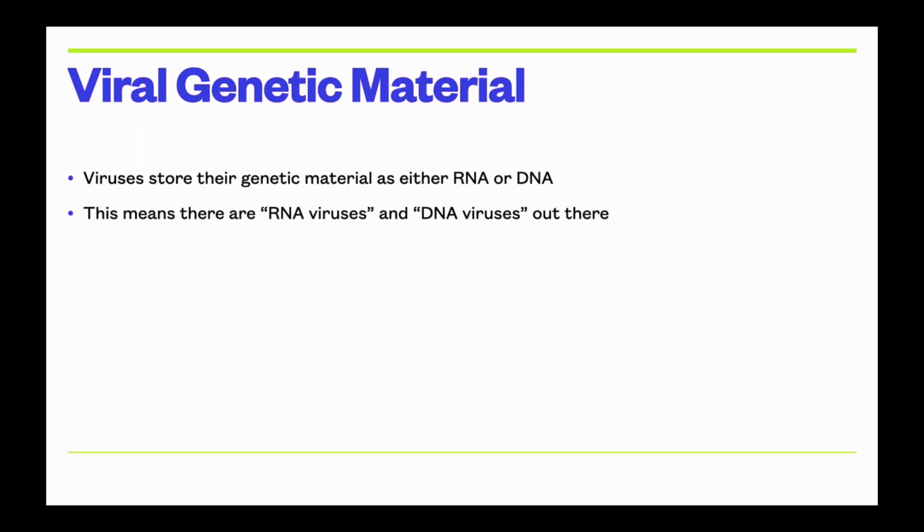Okay, so that means that out there in the world causing diseases are RNA viruses and then there are DNA viruses. So there are two basic different kinds of viruses. The ones that store their genetic material as RNA and the ones that store their genetic material as DNA. Okay, the virus that causes COVID-19, this pandemic disease that we're dealing with right now, is an RNA virus.